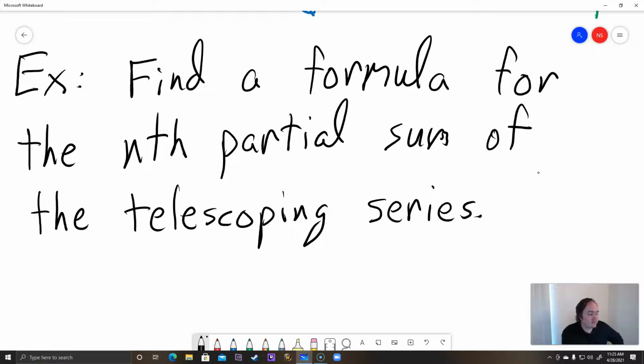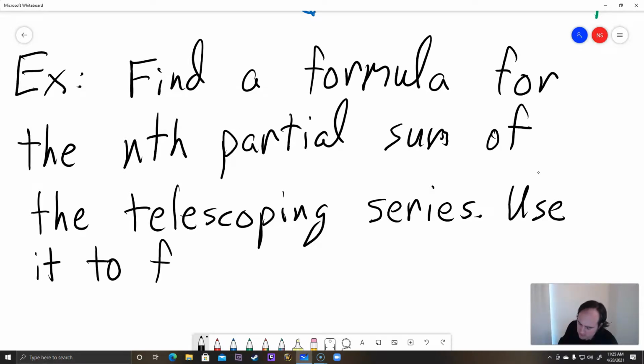If the series converges, find its sum. So a lot of instructions here.